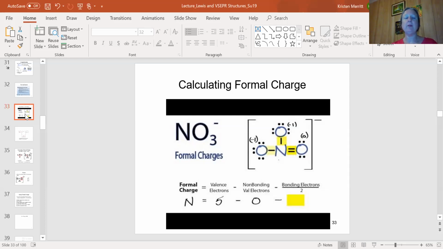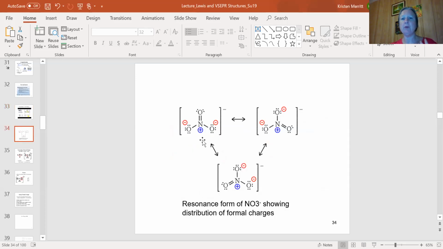You're going to use this in Chem 1 when you use resonance. And resonance is something, if you see this structure, this is resonance. This is a representation of the 3 forms that make up the actual, in this case, nitrate ion.